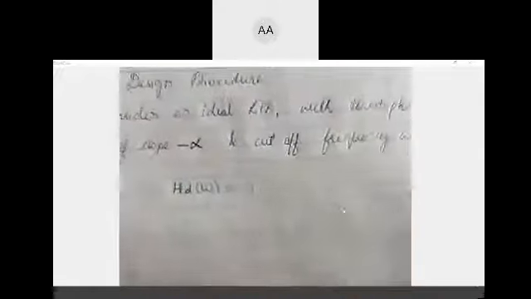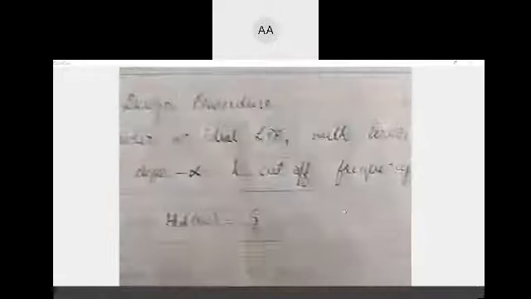What was this Hd of omega? It is nothing but, for a low pass filter, what is the range of values you have?